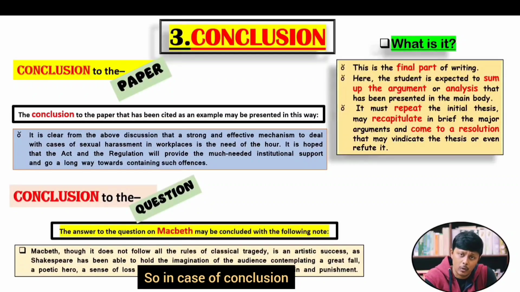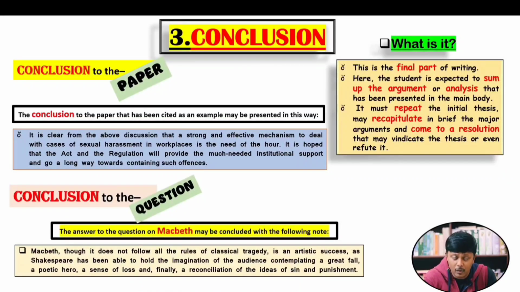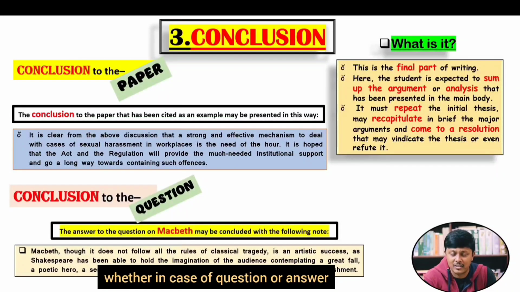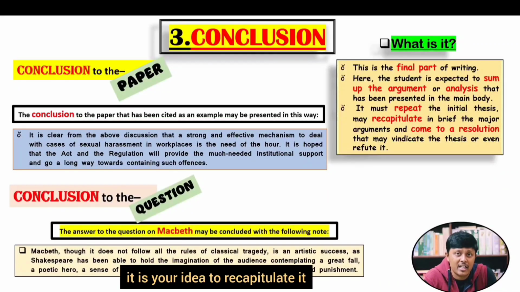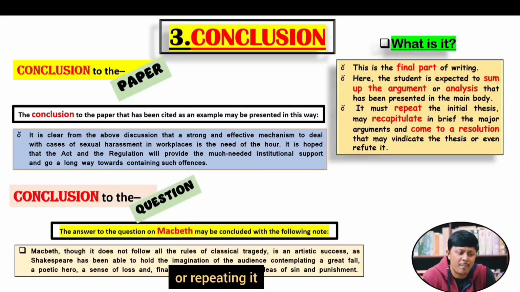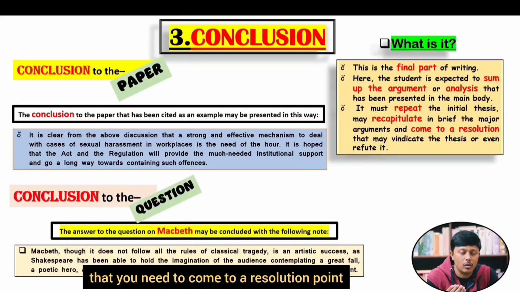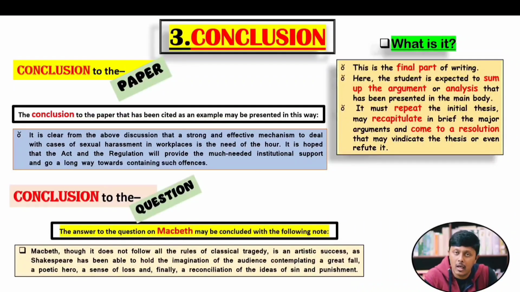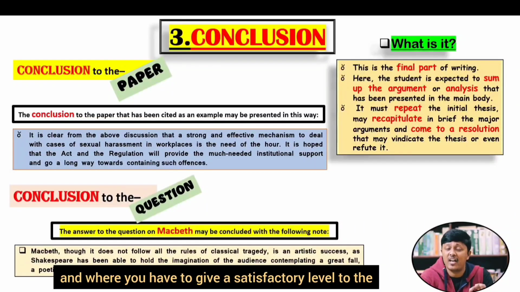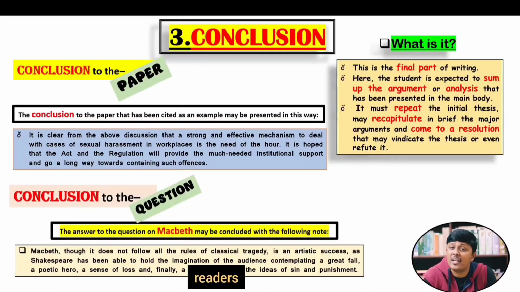So, whether in case of conclusion, paper, question or answer, it is your idea to recapitulate it or repeat it or come to a resolution, where you have to give a satisfactory level to the readers.